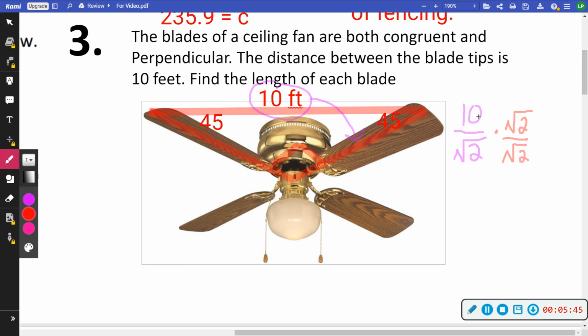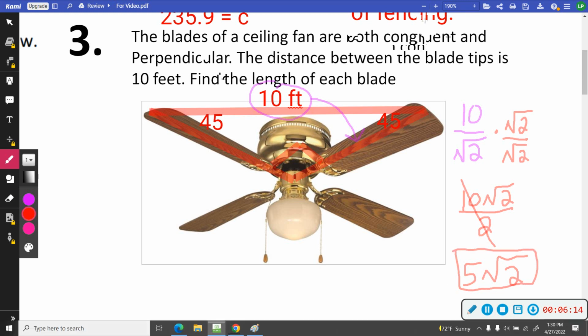Now doing the math, I get 10 times square root of 2. Now I'll do square root of 2 times square root of 2. That's just 2. And then those two reduce to make 5. So I get 5 square root of 2. So the length of each blade is 5 square root of 2.